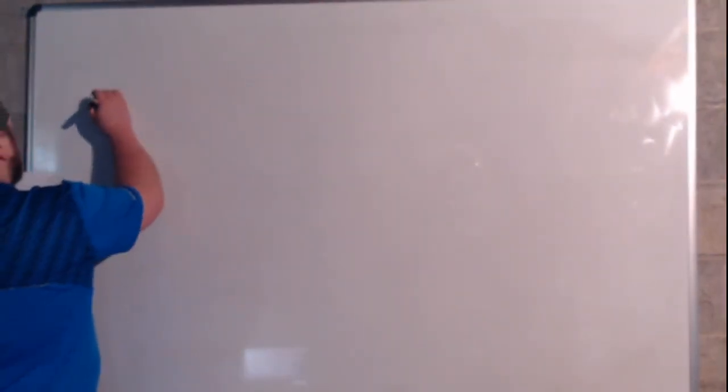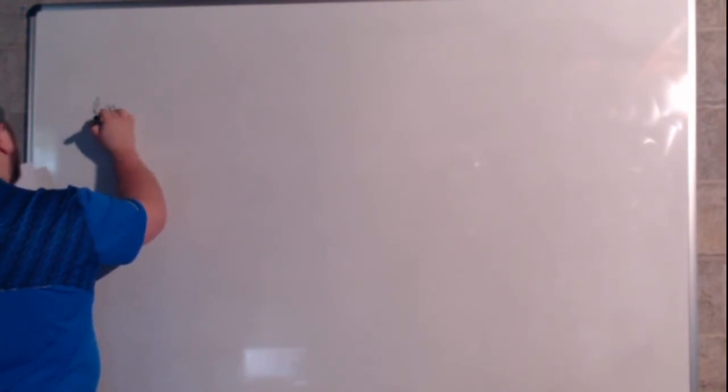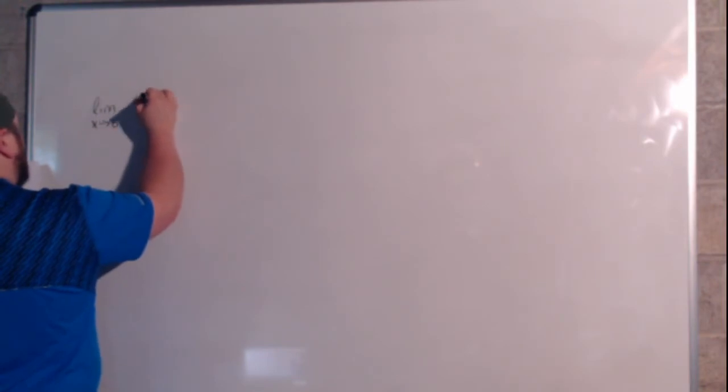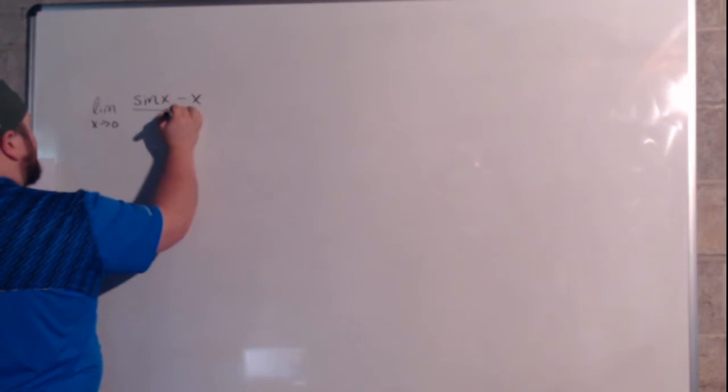So the first one is the limit as x approaches 0 of sine x minus x over x cubed.